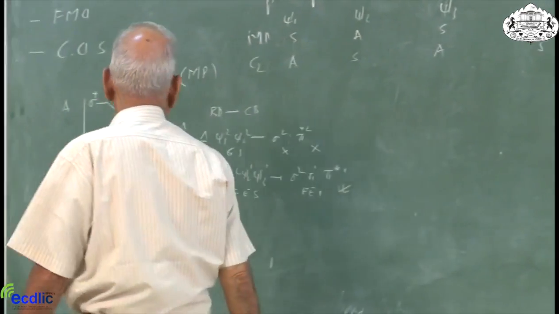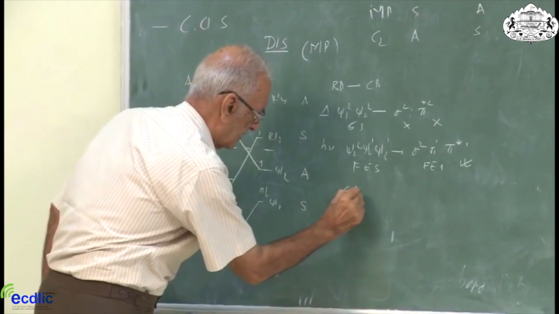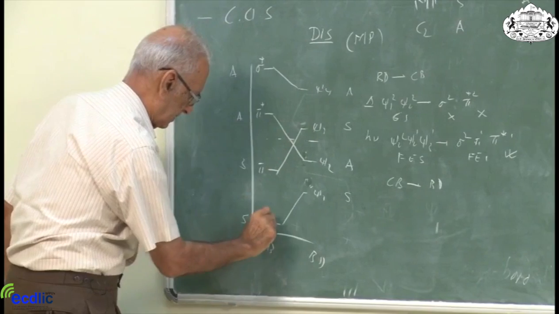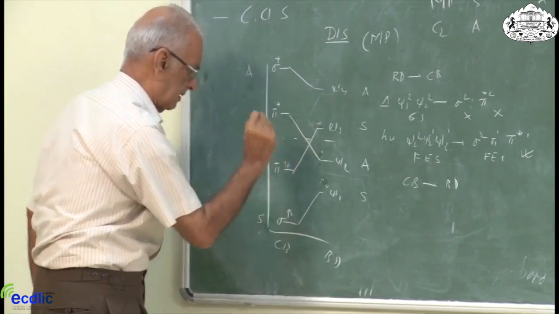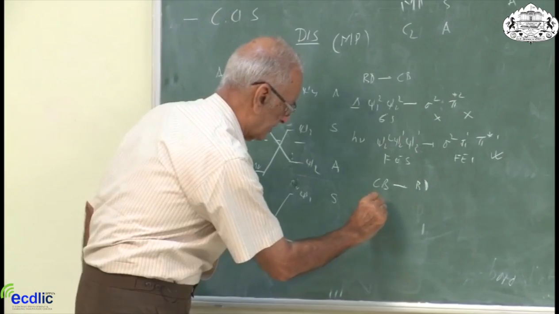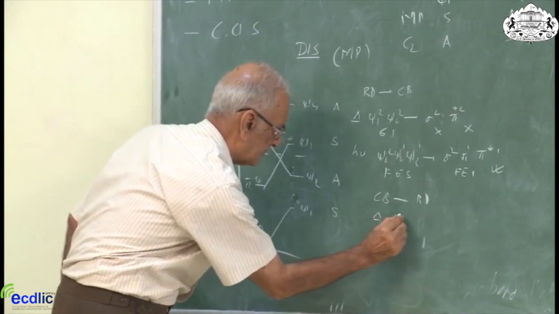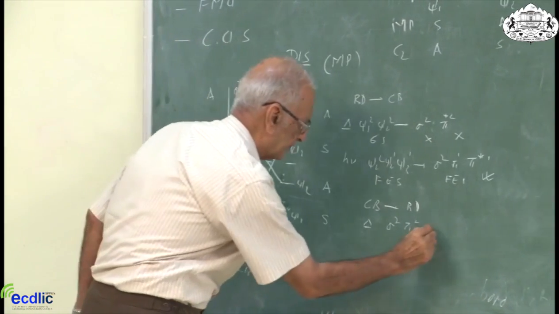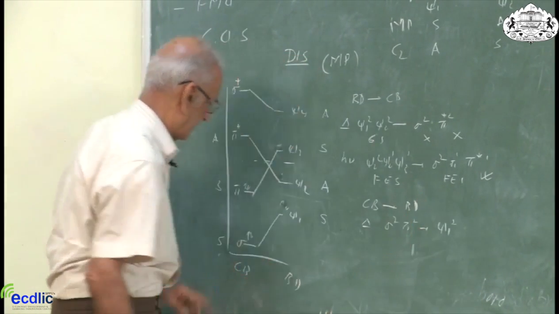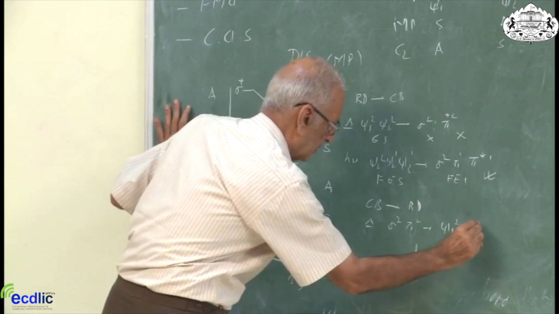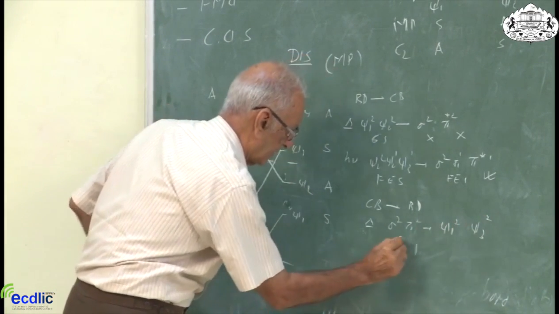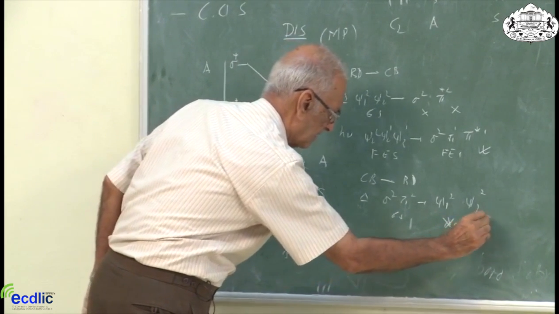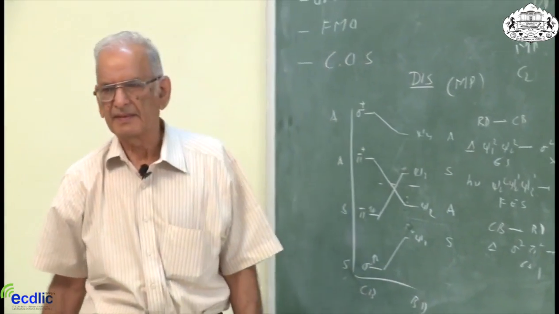Okay. Let's look at the cyclobutene to butadiene picture. The ground state will be thermal reaction, sigma 2 pi 2. Sigma 2 goes into psi 1, pi 2 goes into psi 3. This is ground state, this is not the ground state. Therefore, it is disallowed.